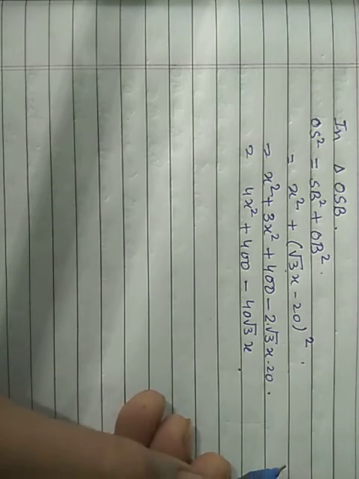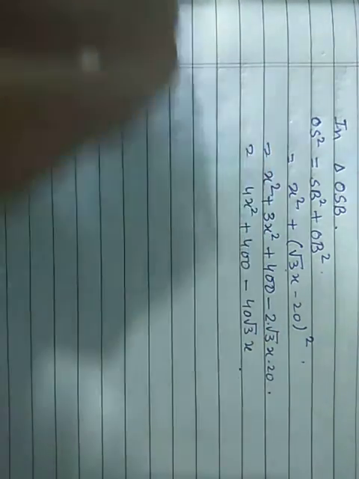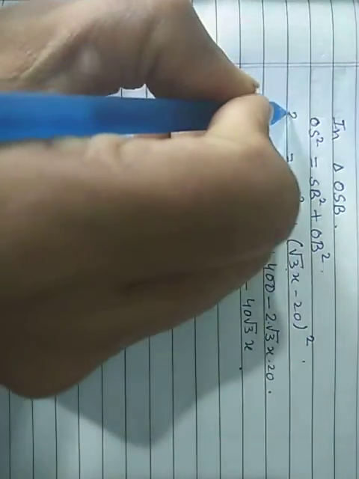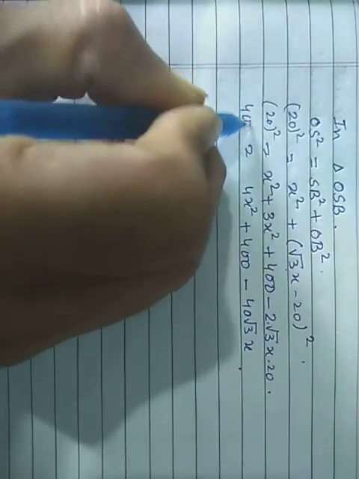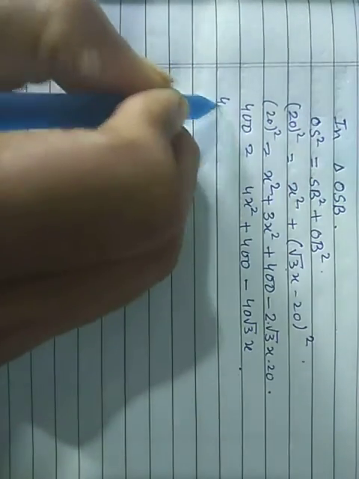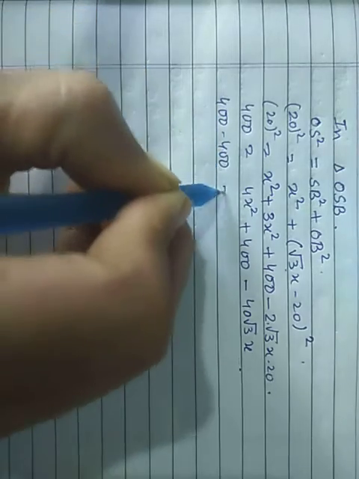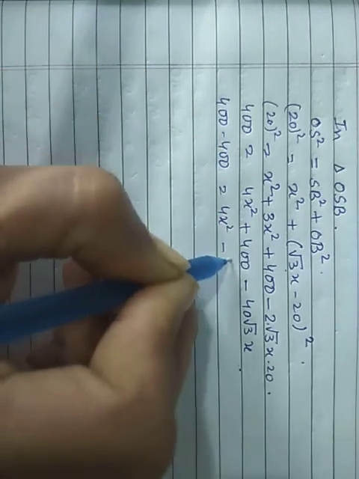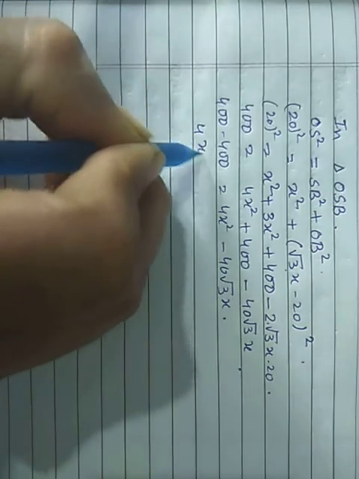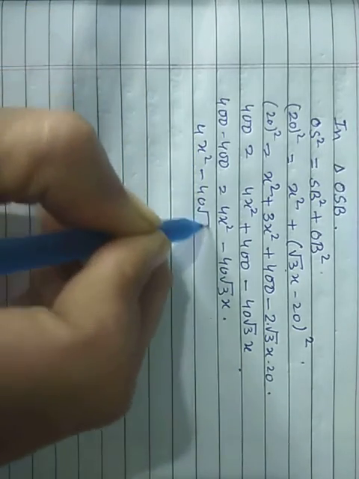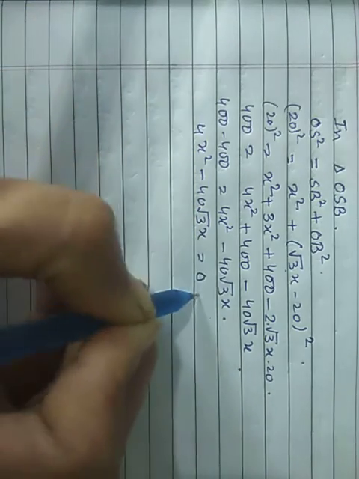We can see here that OS is also radius, so we can write the value of this as 400. So this 400 and this 400 cancel. So here we'll get 4x square minus 40 root 3 x is equal to 0.